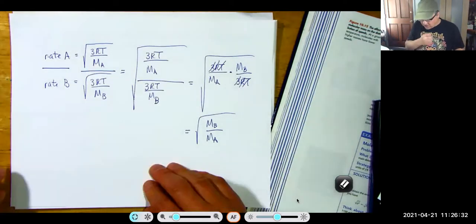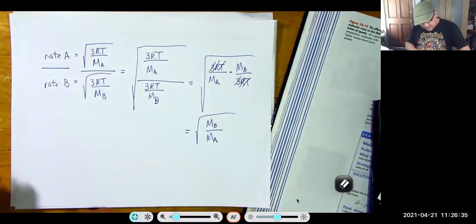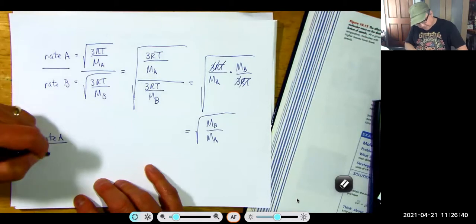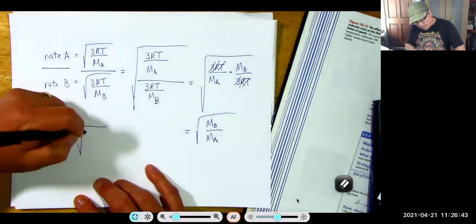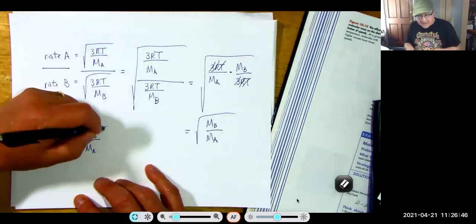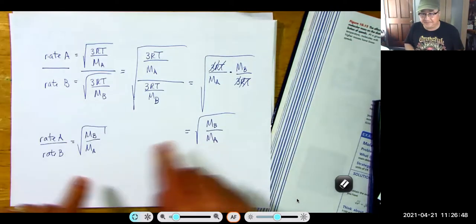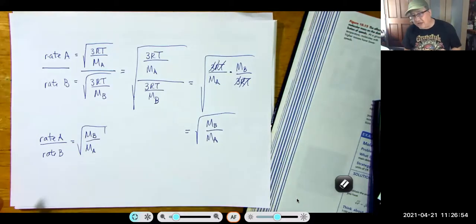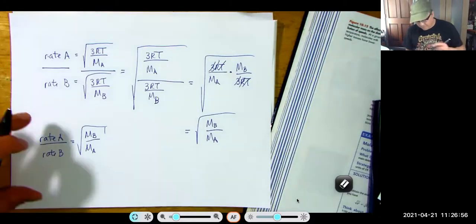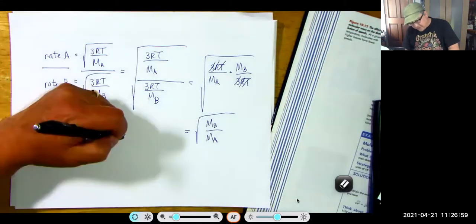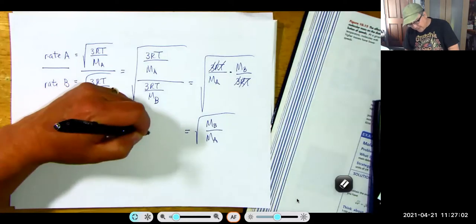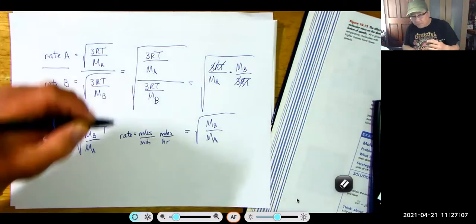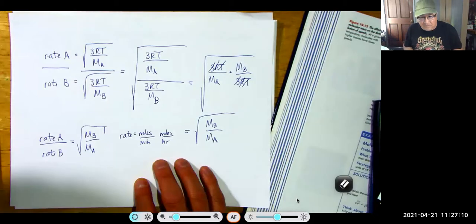Okay. So do you want to spend time figuring out that rate A over rate B is the square root of the molar mass of B over the molar mass of A? Do you want to figure that out every time or just write that down? Just write that down. So we can just use that for the exam. Okay. Now, there's another caveat to this equation. The rate is going to be the moles per minute or maybe moles per hour, but some unit of time, that's the rate, okay?